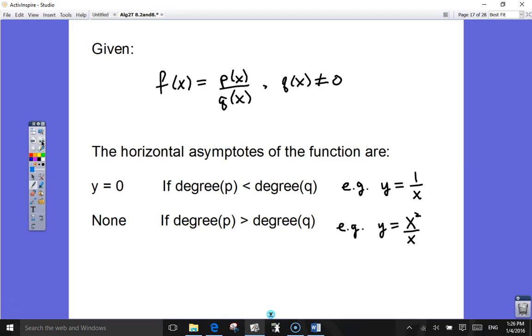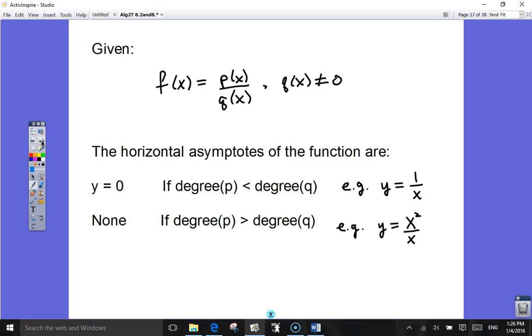So you're going to compare which has a higher power of x, the numerator or the denominator. The first case is what happens if the degree of the numerator is less than the degree of the denominator. Something like 1 over x. There are more x's in the denominator than in the numerator, so that would tell you the degree is greater in the denominator. When that's the case, then y equals 0.